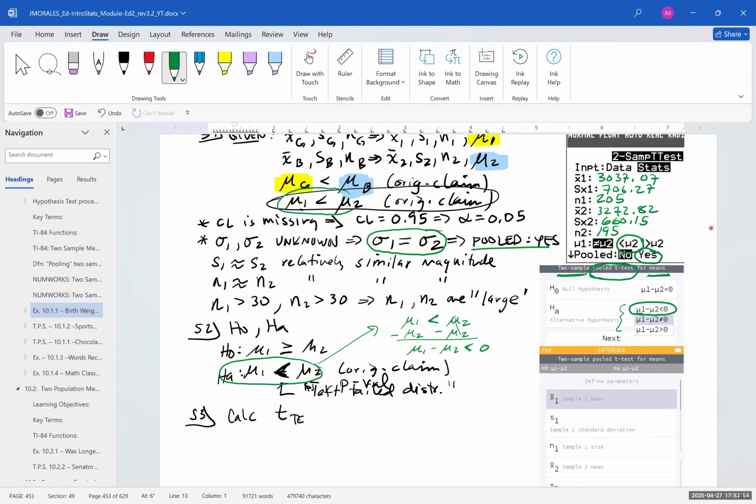All right. And let's see here. X bar 1 is going to be 3037.07. And then S1 is 706.27. And N1 is 205. X bar 2 is 3272.82.